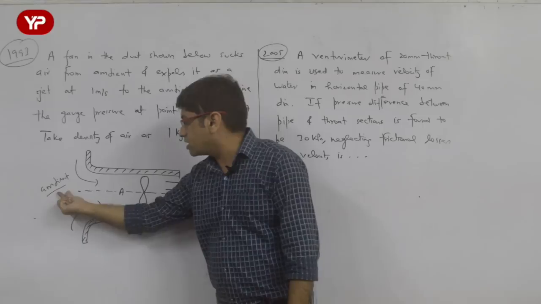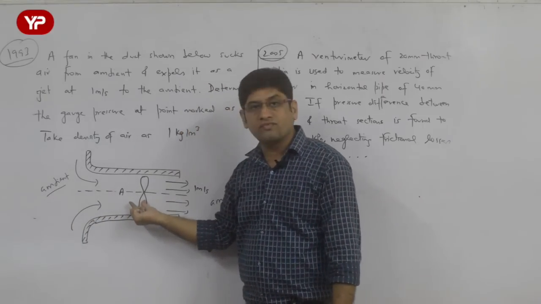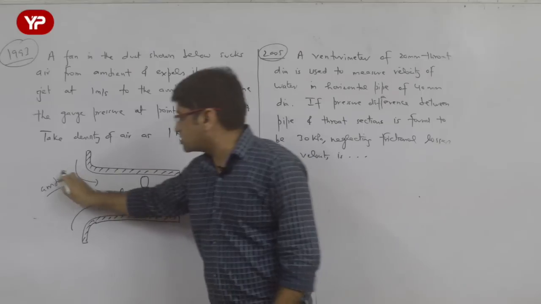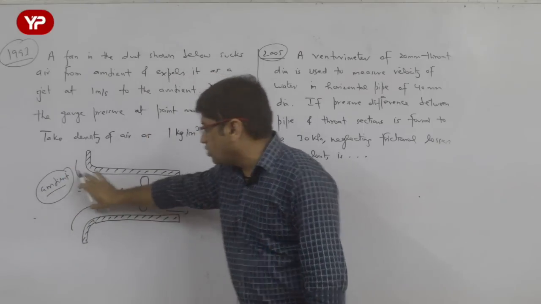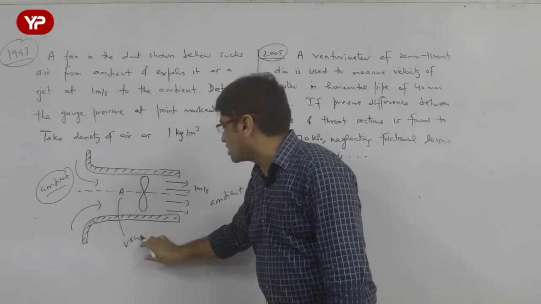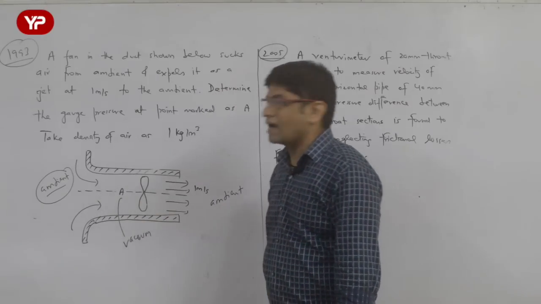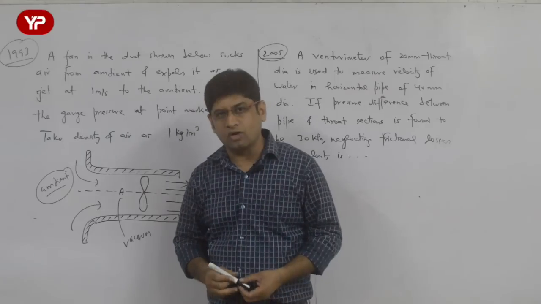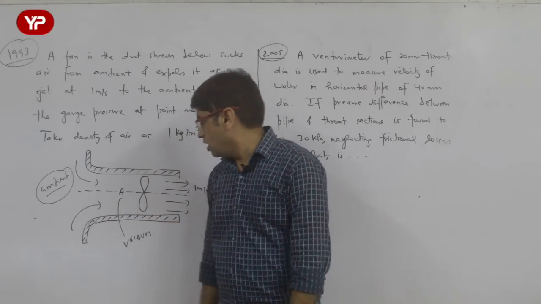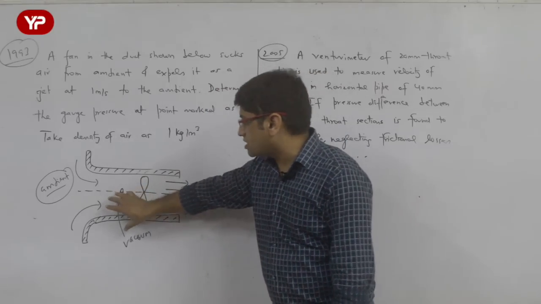You will say, sir, lesser pressure is being created by the fan because of its blade design. That means if the pressure here is atmospheric pressure and the fluid is flowing this side, then certainly the pressure here is the vacuum pressure. Now vacuum is nothing but negative pressure; negative gauge pressure is called vacuum pressure, and that negative pressure is created by the fan. Now how shall we know what is the pressure at this point?